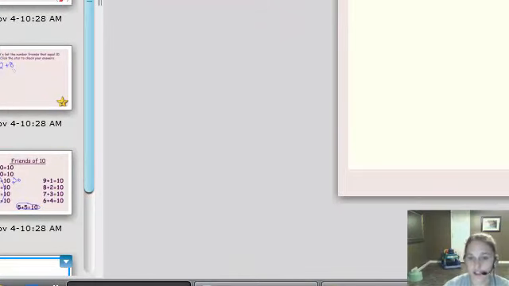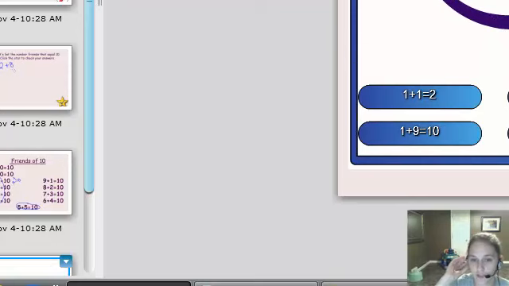The next page is a game. At this point, students should know who is a friend of 10, who is not a friend of 10. I would have students come up to the board and choose. This will keep the students actively engaged, and this will also check for understanding as an informal assessment.